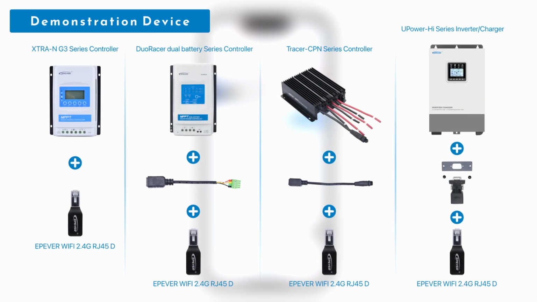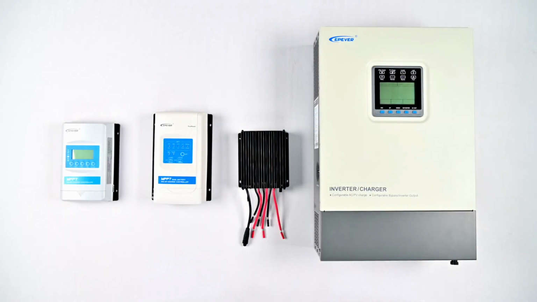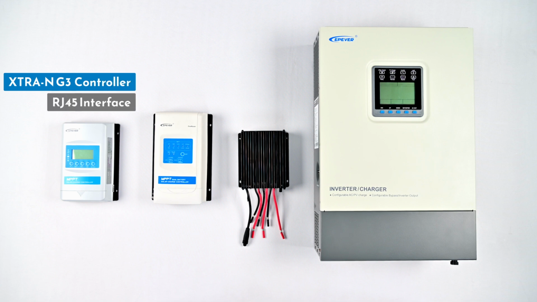This video will use Wi-Fi 2.4G RJ45D as the gateway module and one device of each of the 4 interface types as a demonstration, guiding you on how to add them to the power station. These are 4 devices with different communication interfaces. The first one is the Extra NG3 series controller with an RJ45 interface.